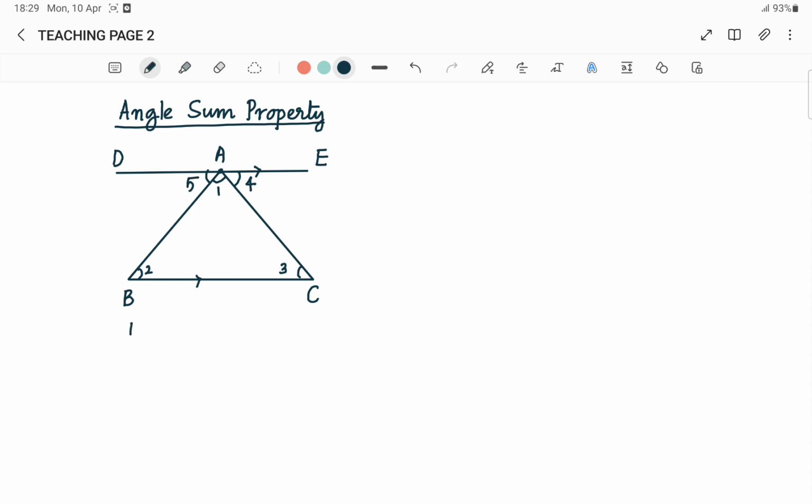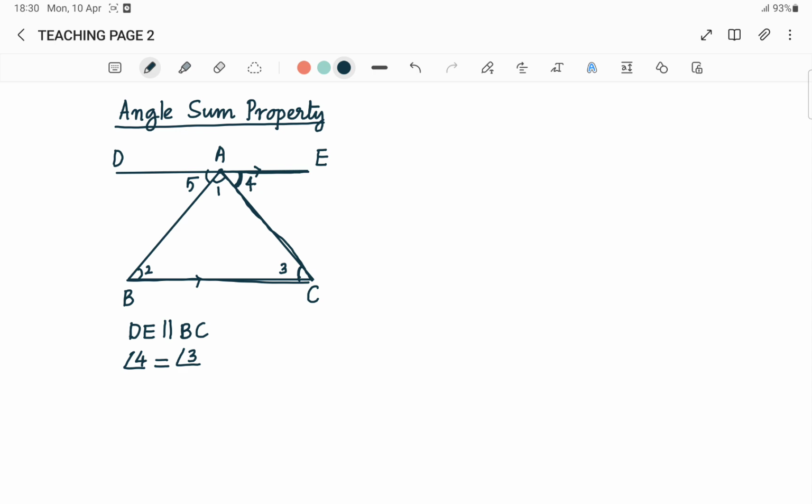Now DE is parallel to BC as per the construction. So I can write angle 4 equals angle 3. You can see they are alternate angles as these two lines are parallel and AC is the transversal.